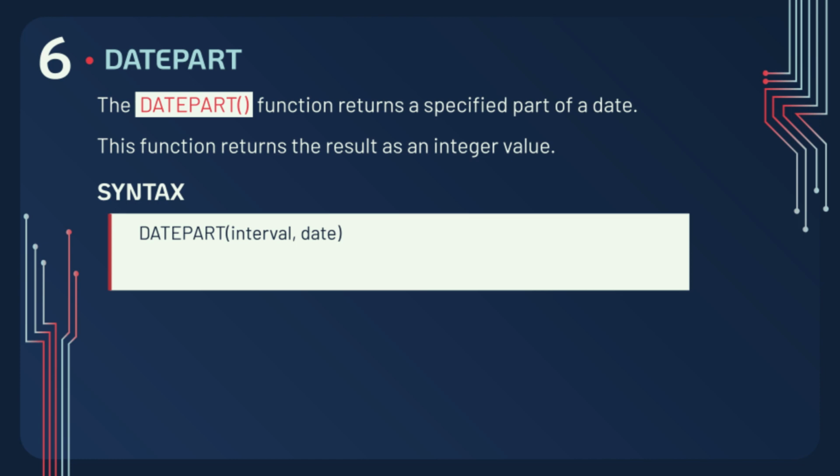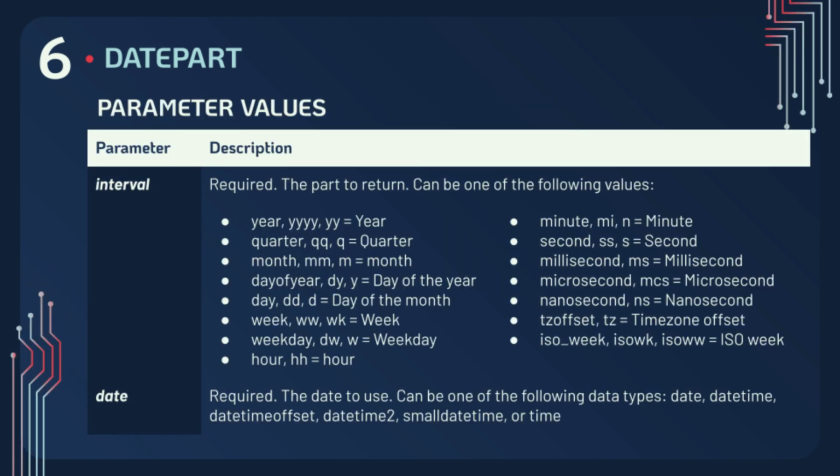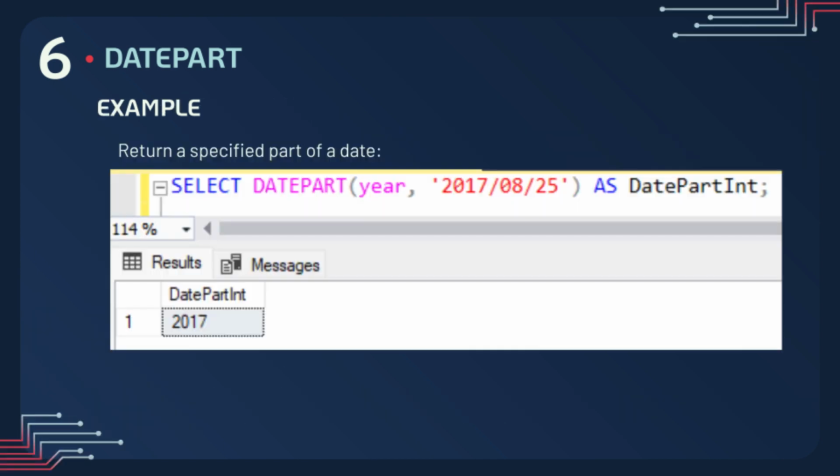Syntax is DATEPART(interval, date). So in the parameter values, there's two parameters, interval and date. Here's an example. SELECT DATEPART with the interval year, and the date is 2017-08-25. The result is 2017 because it's selecting the year.